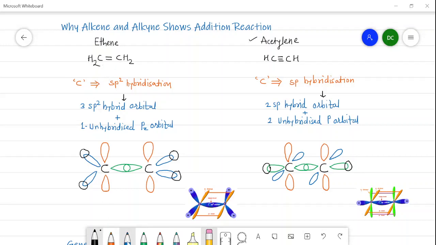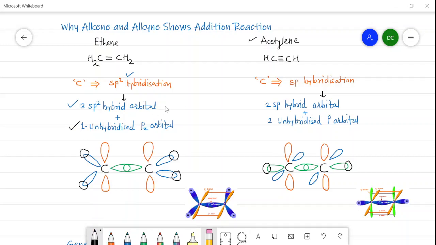Here the carbons present in this ethylene molecule are in a sp2 hybridized state. So sp2 hybridization is there, and in case of sp2 hybridization we get 3 sp2 hybrid orbitals and one unhybridized p orbital.